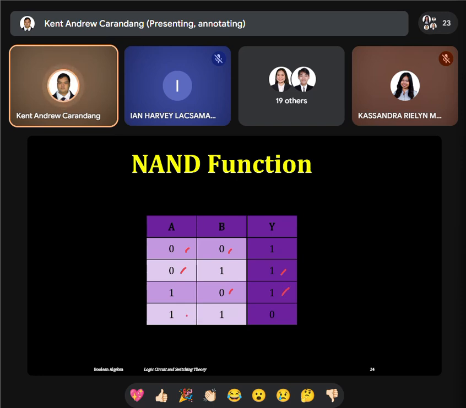If the inputs are both ones, or both high, the output becomes low. Just remember the truth table equivalent for each of the logic gates. You can find the references on our website. It is in the module already.